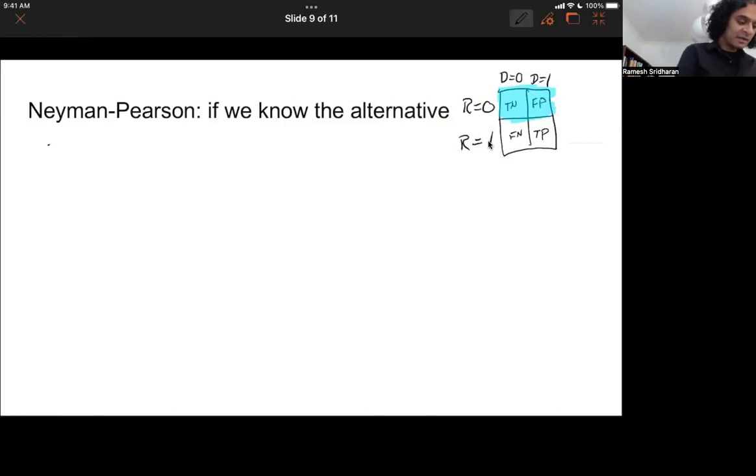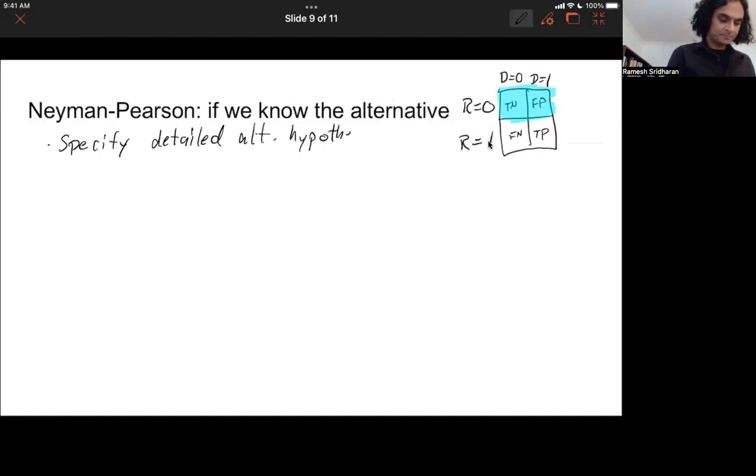So what we're going to do is specify more specific, more detailed alternative hypotheses. We're going to say not just that the alternative is the mean is different, or the difference between the means of the two groups is different, or the mean is greater than this amount.